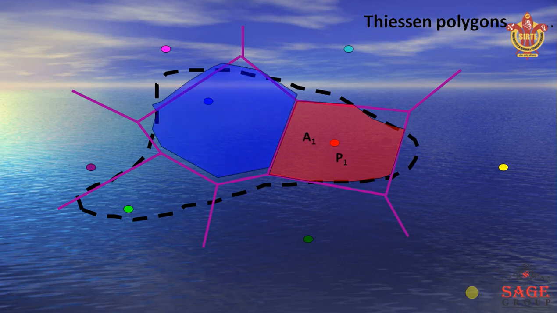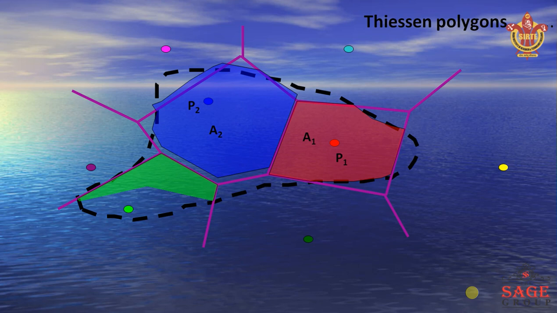Suppose for station 1, A1 is the area enclosed for station 1, and P1 is the precipitation for station 1. Similarly, for station 2, A2 is the area enclosed and P2 is the rainfall.